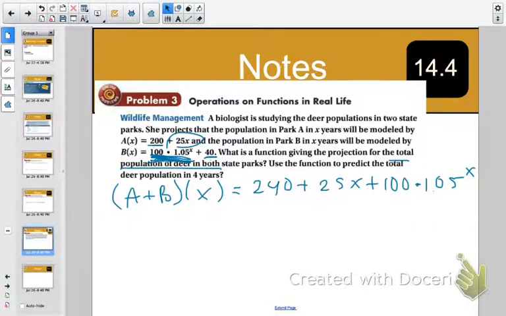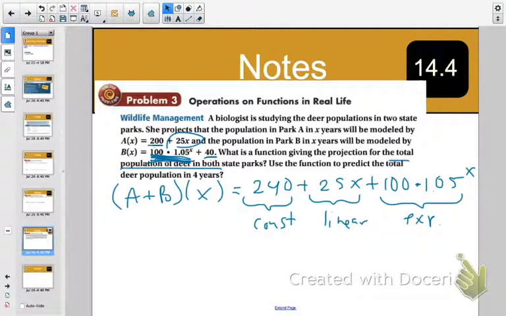So that is actually one term. This right here is one term. This is one term. This is one term. And none of those are like terms. So we have 3 terms here actually. And that is all you can do, I think, because we don't have any of the same bases for anything. We have our constant, we have our linear piece, and we have our exponential piece. Those are all separate terms.